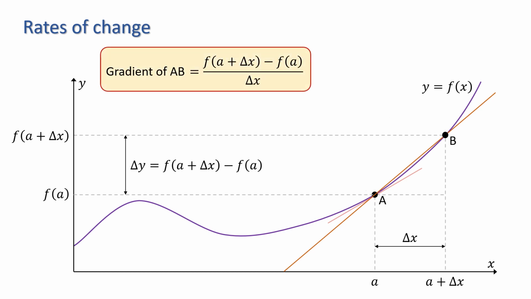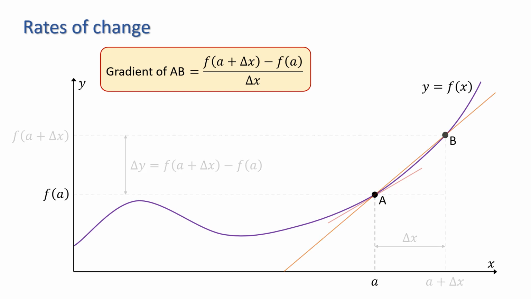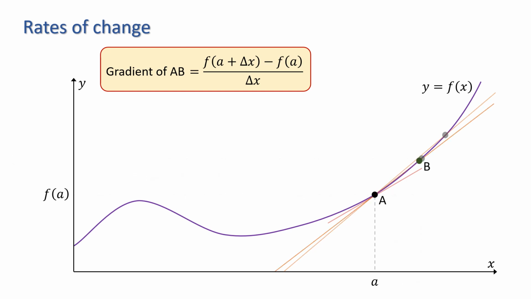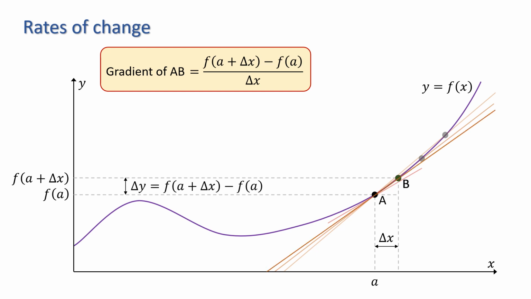Now, what happens if we have a smaller delta x? In that case, point B moves closer to A. As with tangents, we can see that the gradient of AB gets closer to the gradient of the tangent at A as delta x decreases.